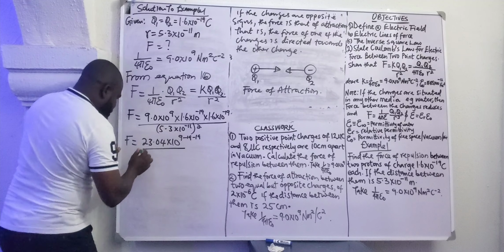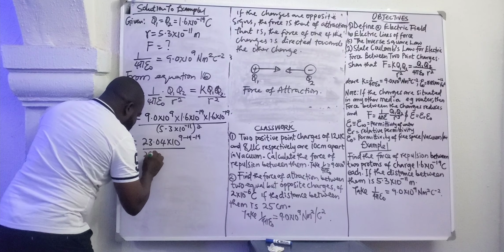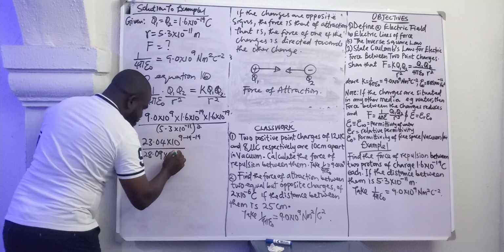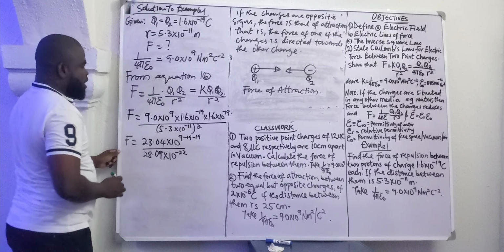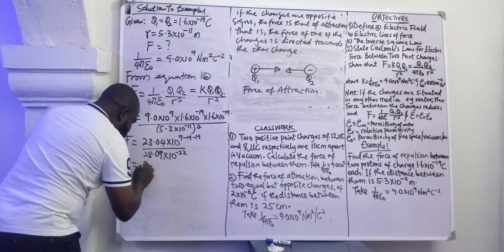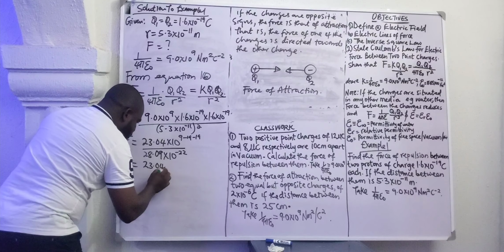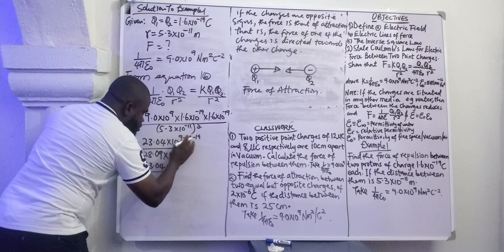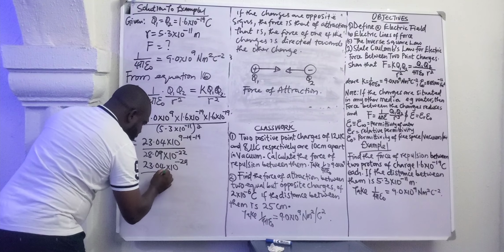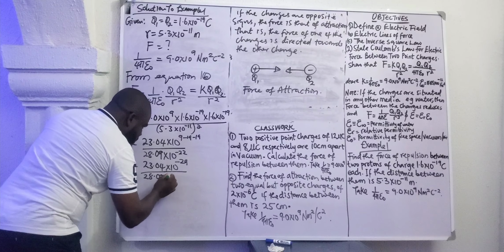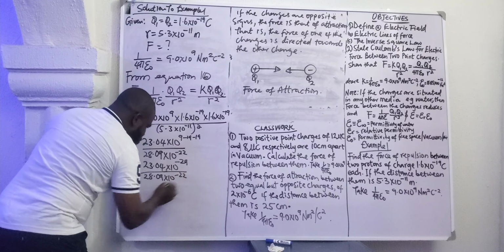If you square 5.3, you get 28.09 times 10 raised to the power of, squaring this means multiplying it by 2, so you have 10 raised to the power of minus 22. So I have F is equal to 23.04 times 10 raised to the power of minus 10 divided by 28.09 times 10 raised to the power of minus 22.